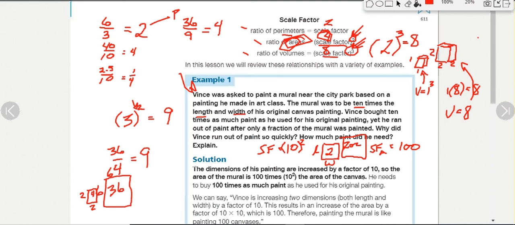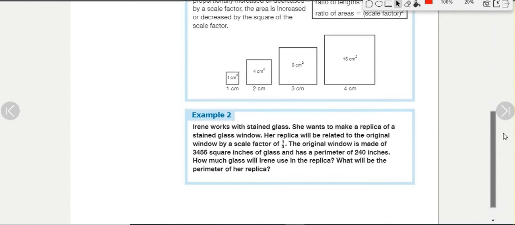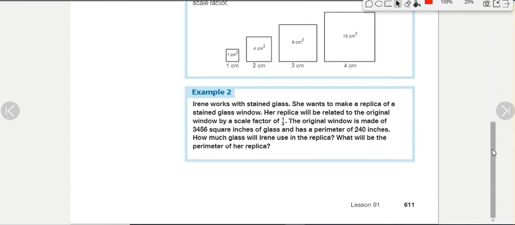So why did he run out of paint? He needs 100 times as much paint when you're dealing with length and width, because it's length and width squared. I'm just trying to say it over and over in different ways so that you kind of catch on. So if it's dealing with area, you need scale factor squared. So 10 squared in that case.